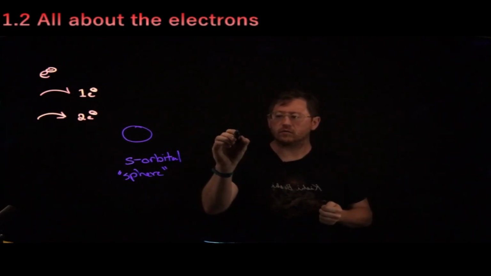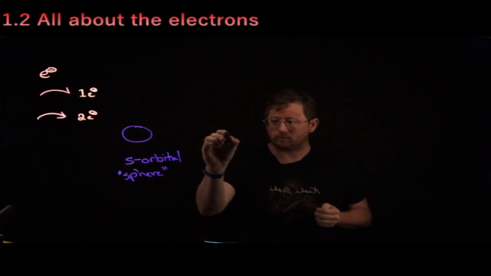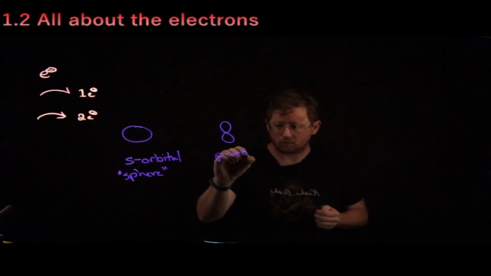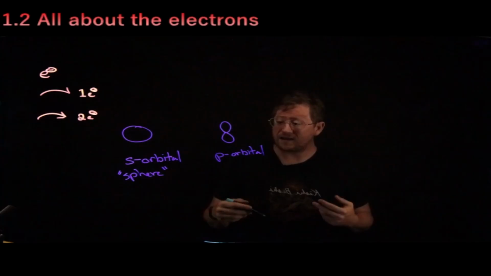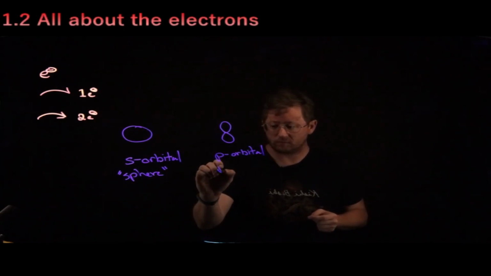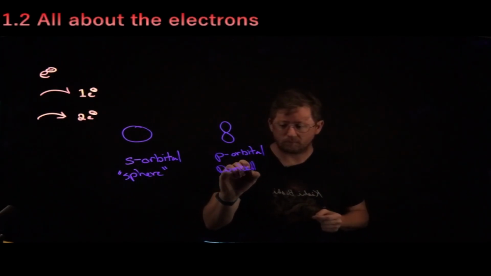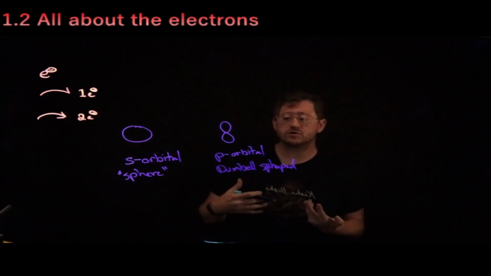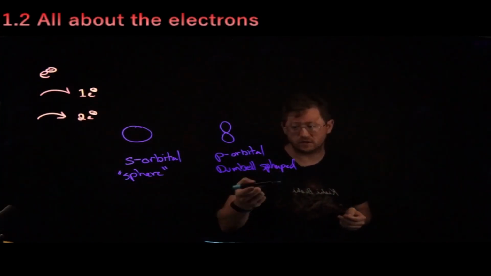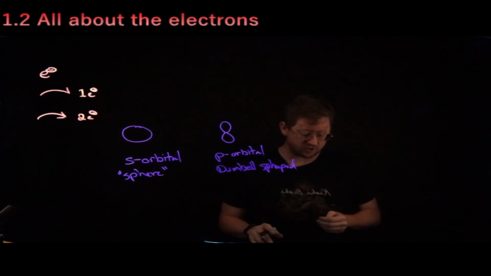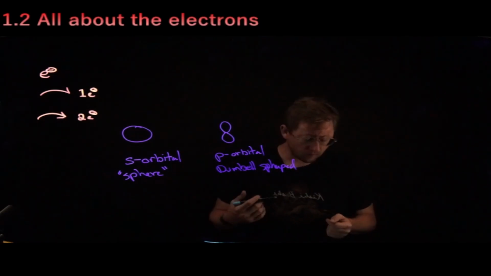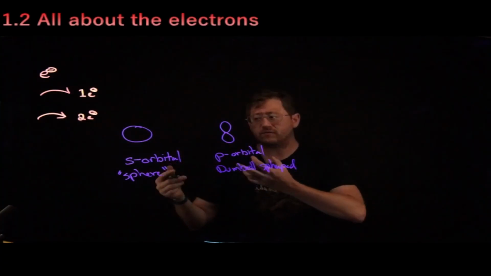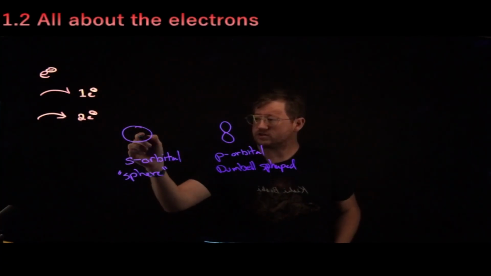The next orbital we're going to talk about is a p orbital, or a pi orbital. And these are dumbbell shaped. And in organic chemistry, there's going to be a lot of these p orbitals and the interactions of p orbitals that we will encounter. Now, if we were to define the s orbital as a function, we would just say, okay, here's the whole thing.